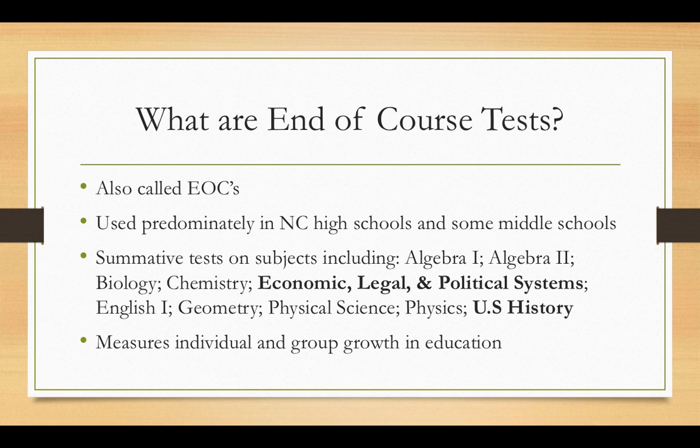First of all, in high school and also some middle schools, end of course tests are usually referred to as EOCs, and they are taken throughout the state of North Carolina. These are summative tests, which means that they are taken at the end of a term or at the end of a unit, in this case at the end of a course, in which students are measured through their growth from the entire course.